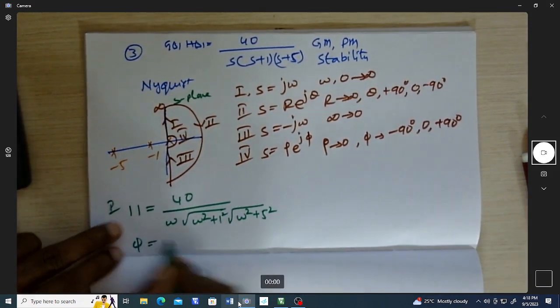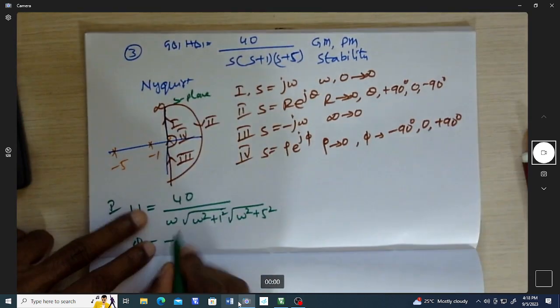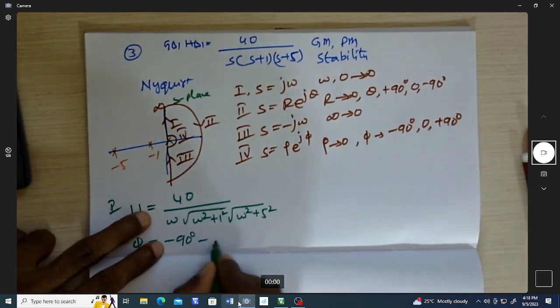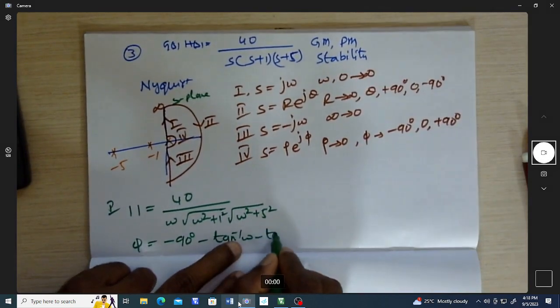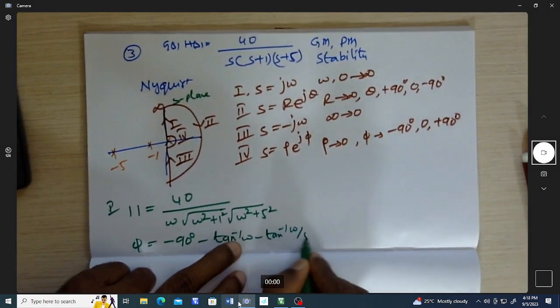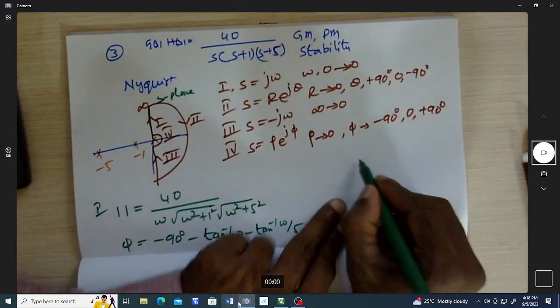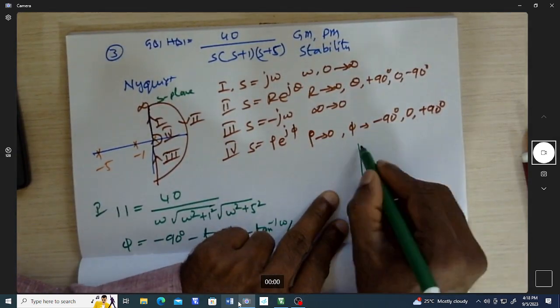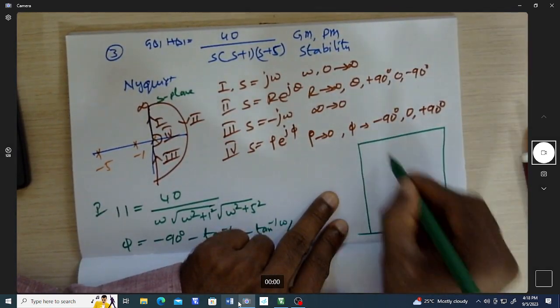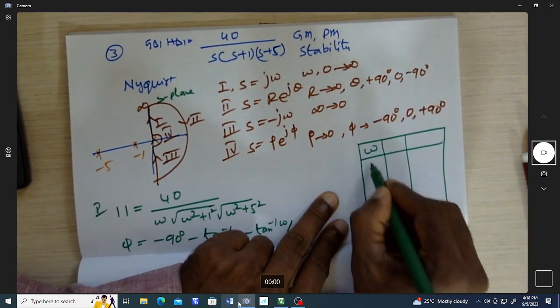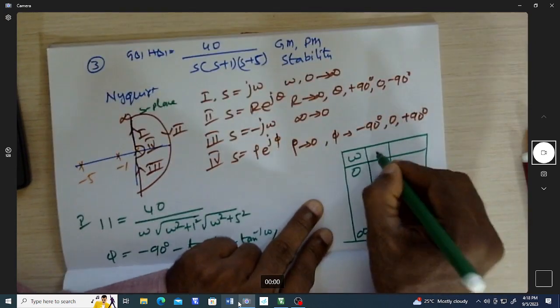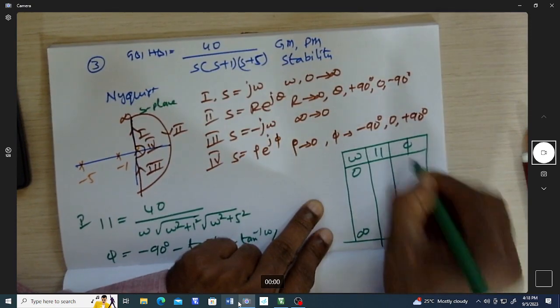The phase is, of course, 1 over S contributing minus 90 degree, minus tan inverse of omega, minus tan inverse of omega by 5. So let us write different values of magnitude and phase for omega ranging from 0 to infinity.